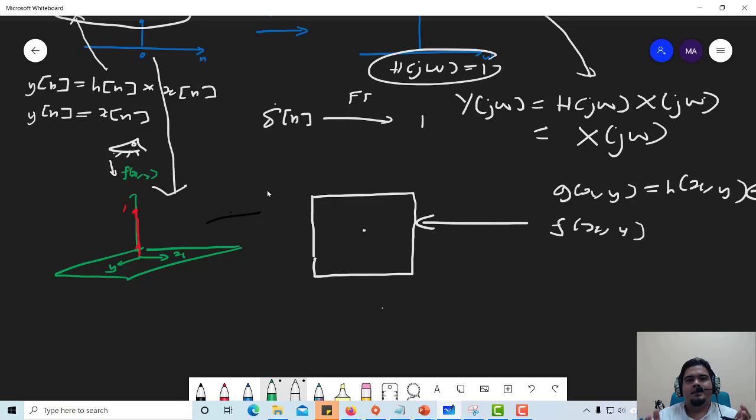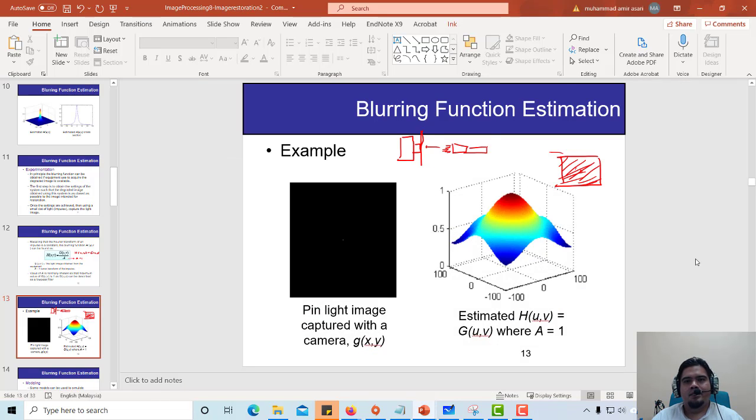So your f is actually an all pass filter. If that is an all pass filter, then for sure the G that you obtain or capture from your camera can be estimated as your H, because G is equal to H when F is equal to an all pass filter.